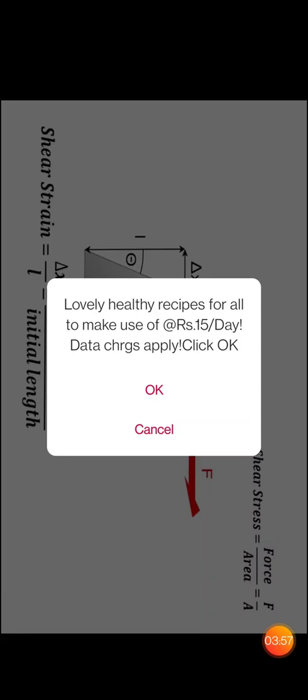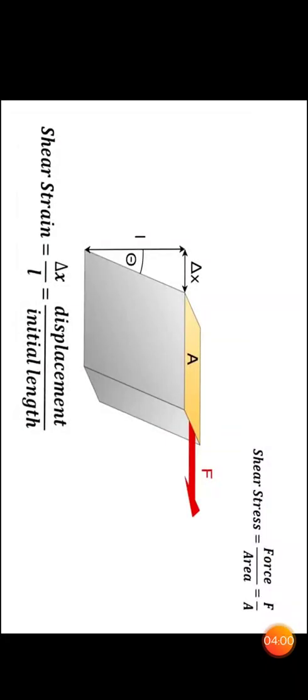When we apply the force F, it displaces one of its surfaces by delta x from its initial position. Now shear strain is delta x upon L, the displacement with respect to the initial length.